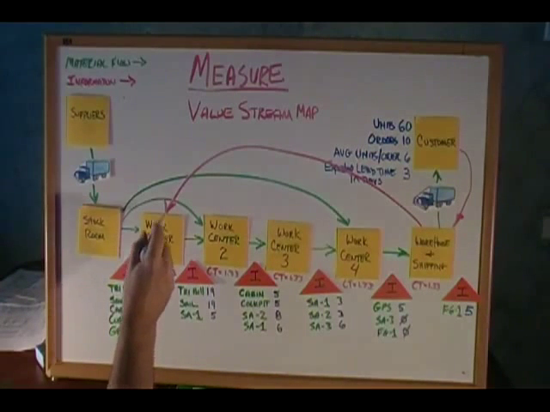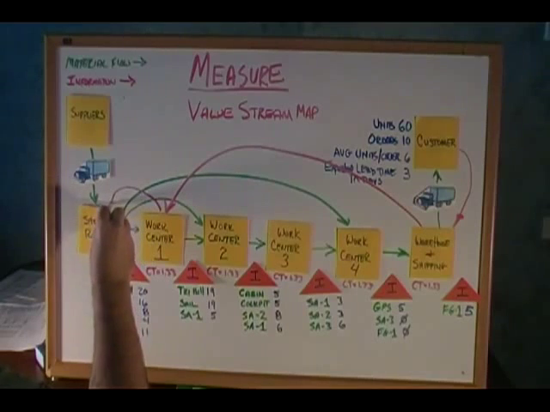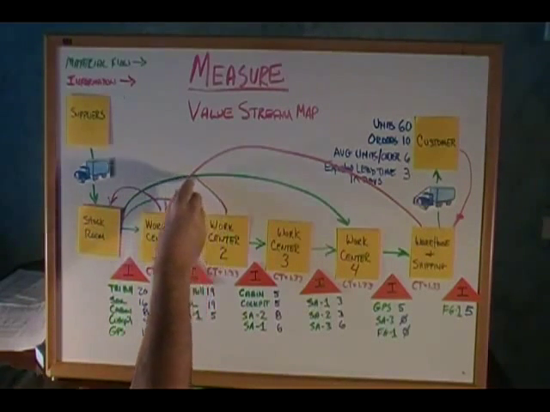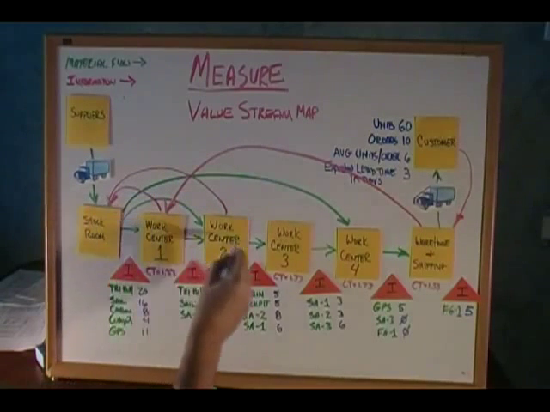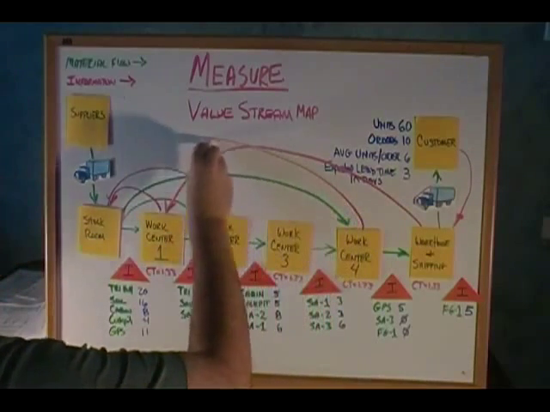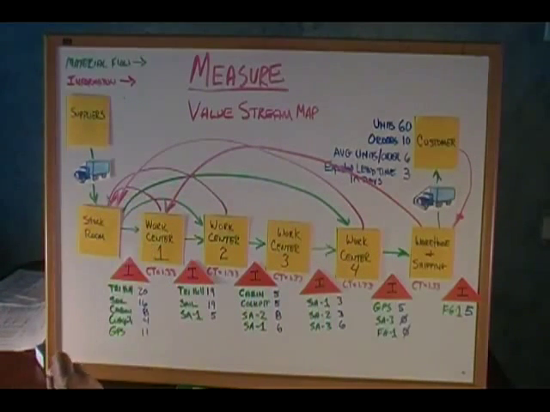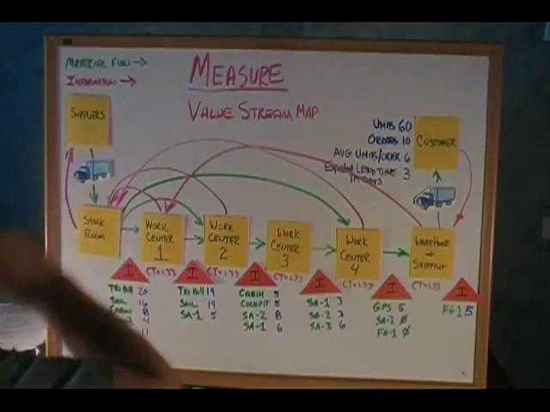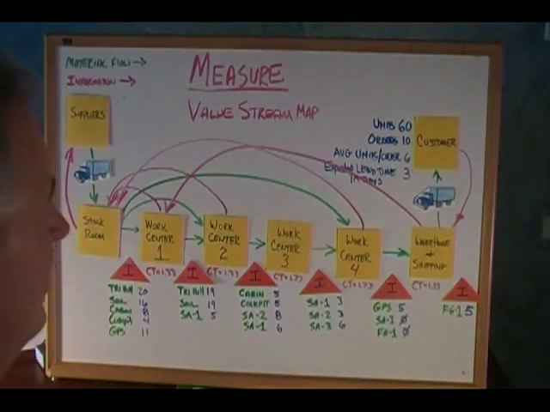Work center number 1 will order and provide information back to the stock room. Work center number 2 back to the stock room, and work center number 4 back to our stock room. Our stock room also sends information to our suppliers for ordering our products.